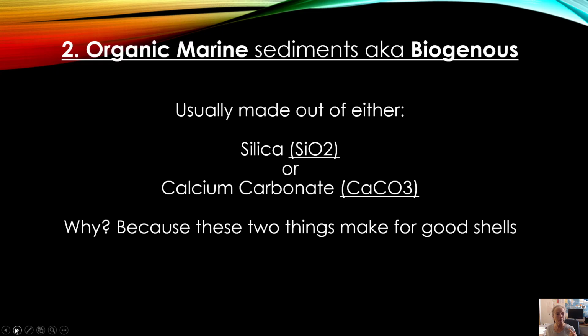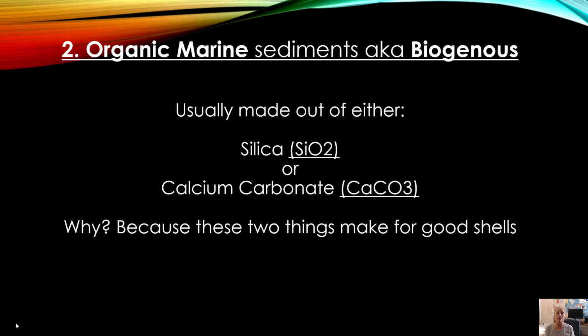Okay, organic sediments, like I said before, in this class that basically means it used to be alive. They're made out of seashells, and we're going to talk about two kinds. And there's not too many chemical equations you need to know in this class, but you do need to know these two. Silica, Si is the abbreviation for silicon, and oxygen.